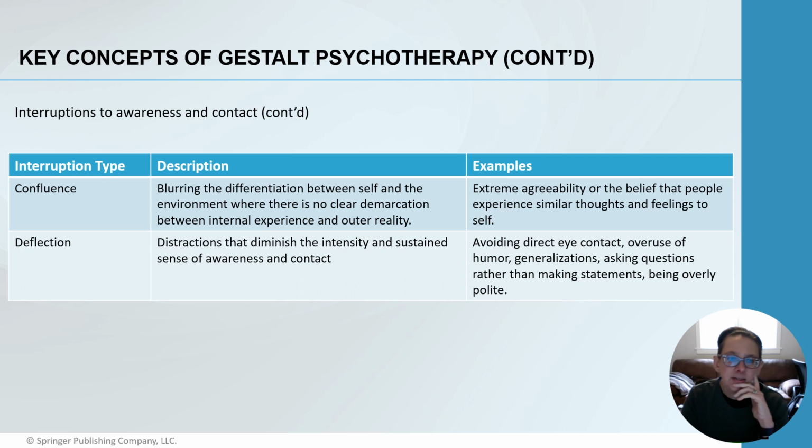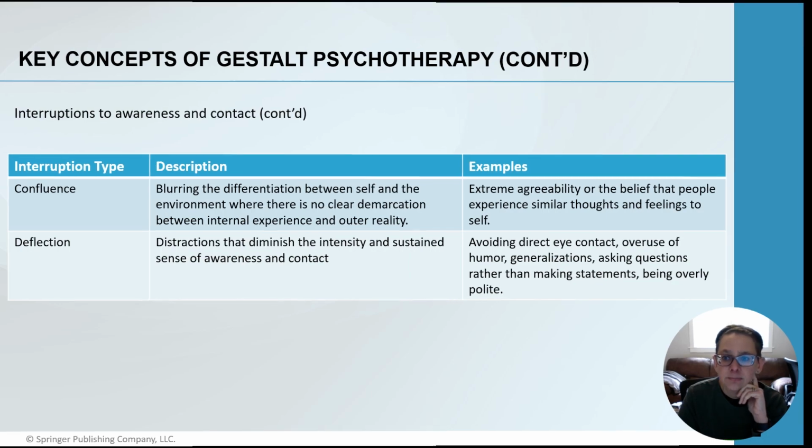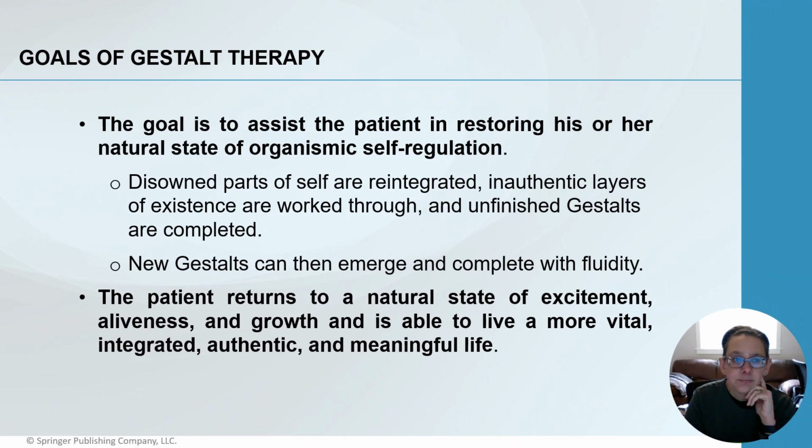I see a lot of deflection with avoiding direct eye contact, overuse of humor, generalizations. And you will see this. I can see where Gestalt therapy came from, and you will see this within appointments. And the goal is to assist the patient in restoring his or her natural state of self-regulation.